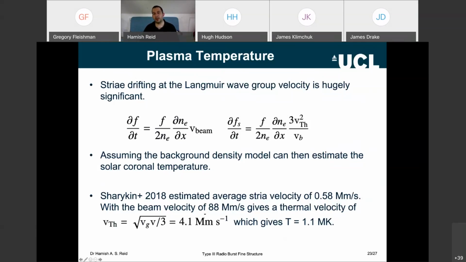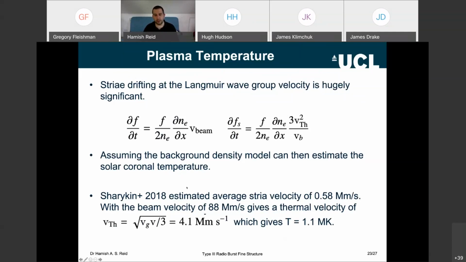If we approximate the background density model, then we can estimate the beam velocity from the type 3 bursts and the drift rate. And then if we know the drift rate of the striae, this V beam and V beam are the same thing. Apologies for the typo here. Then we can use this derived V beam and estimate the thermal velocity of the solar corona, and so estimate its temperature.